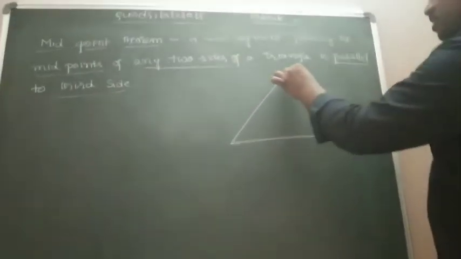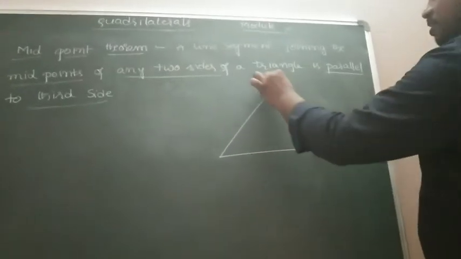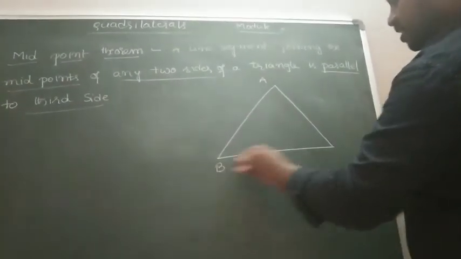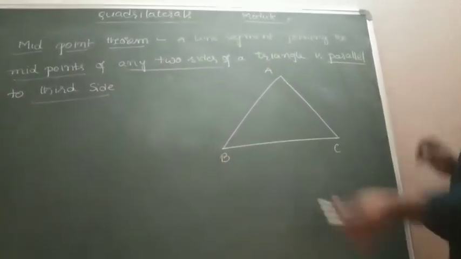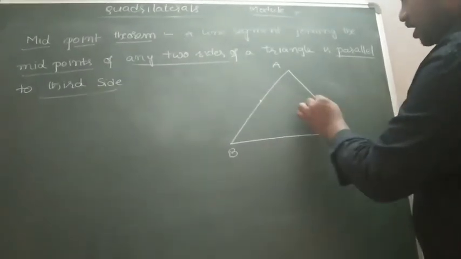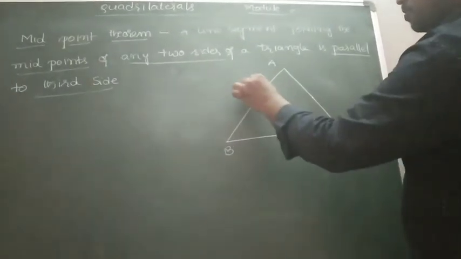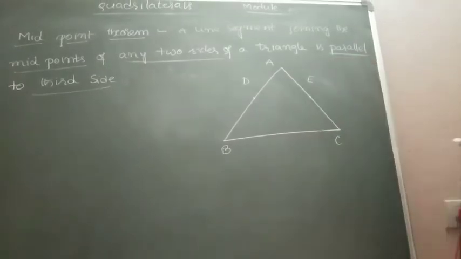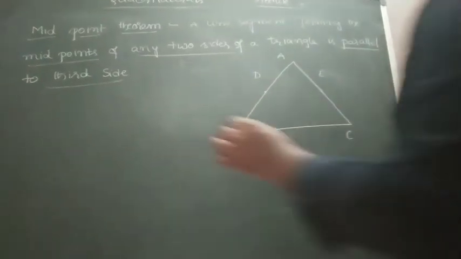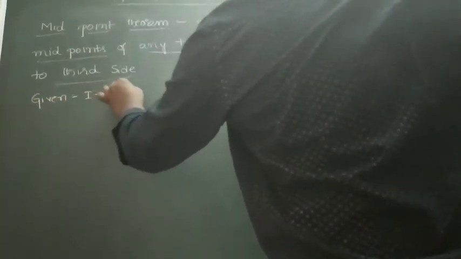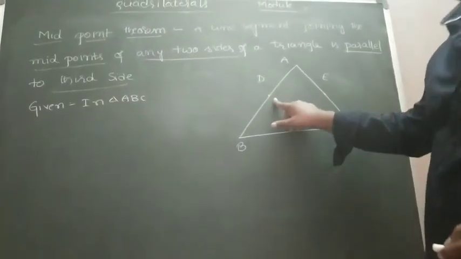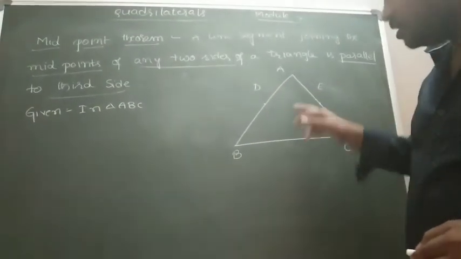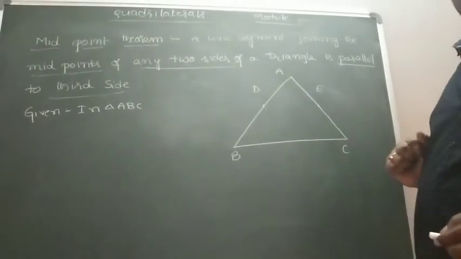Consider the triangle ABC now. In this triangle, D and E are the midpoints of AB and AC respectively. First write the given. That is, in triangle ABC, D is the midpoint of AB and E is the midpoint of AC.